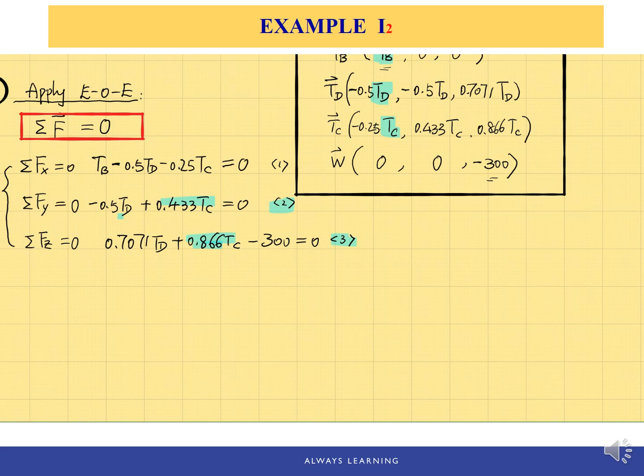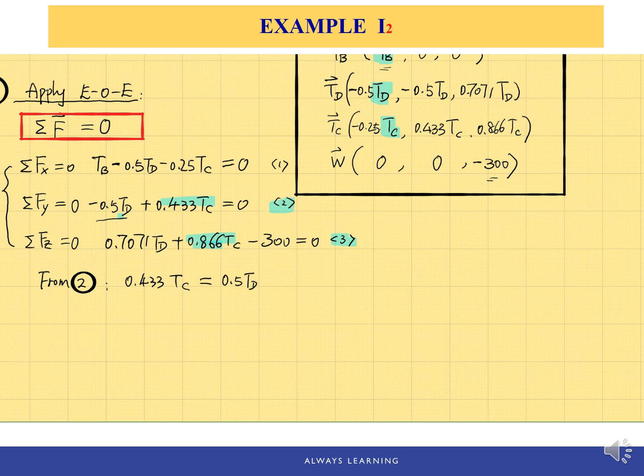TC and TD from those 2 equations. Let's say, from equation 2, we can do 0.433 TC equals to, okay, we're going to move negative 0.5 TD to the other side of the equation, so it will become 0.5 TD, right?